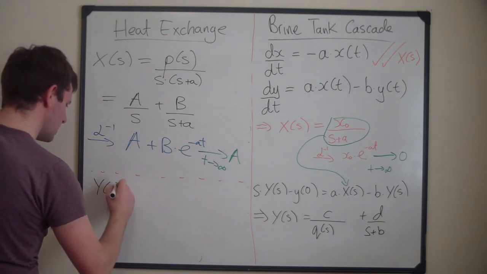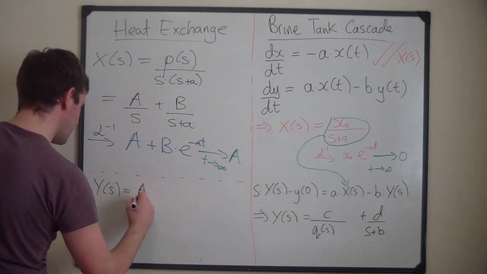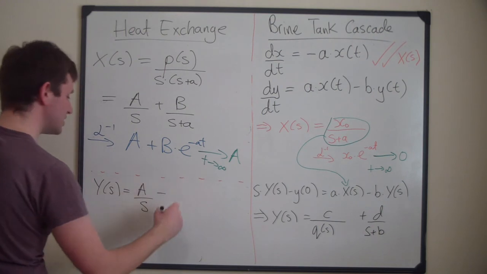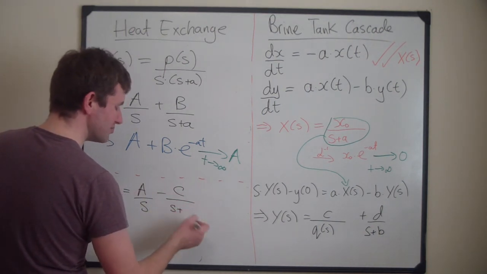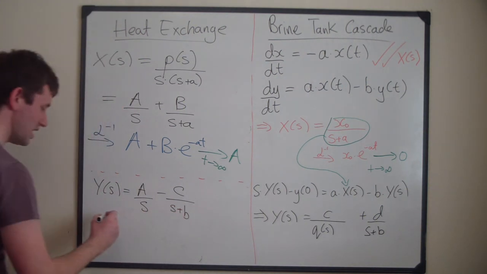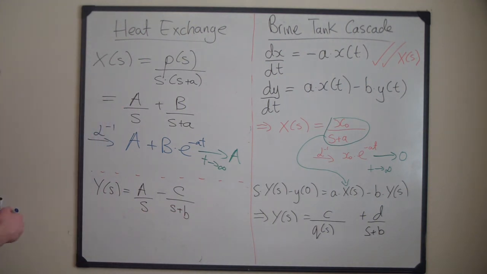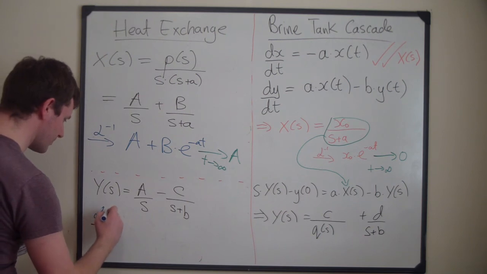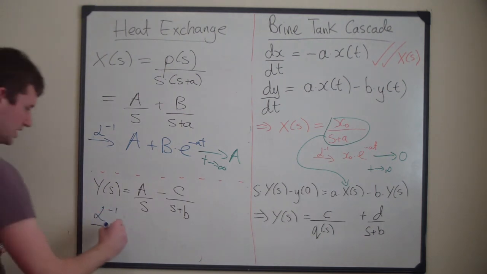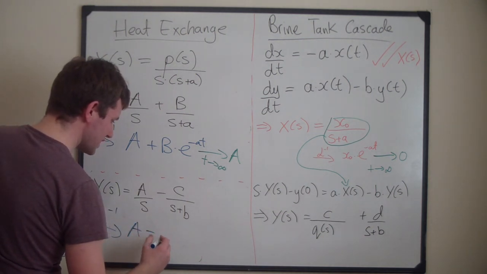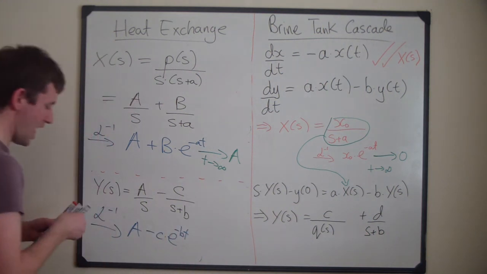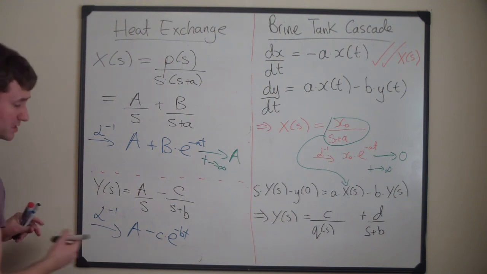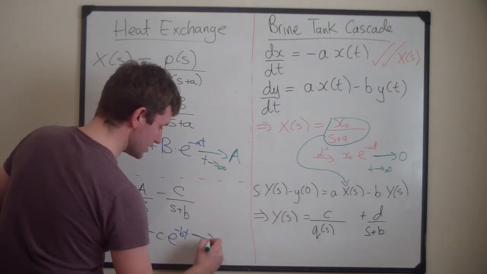Y of s ends up being the same constant over s minus some other constant, say c, over s plus some other constant, say b. This gets sent back by the inverse Laplace transform to A minus c times e to the minus bt. And this also, as time gets big, goes to the constant A.